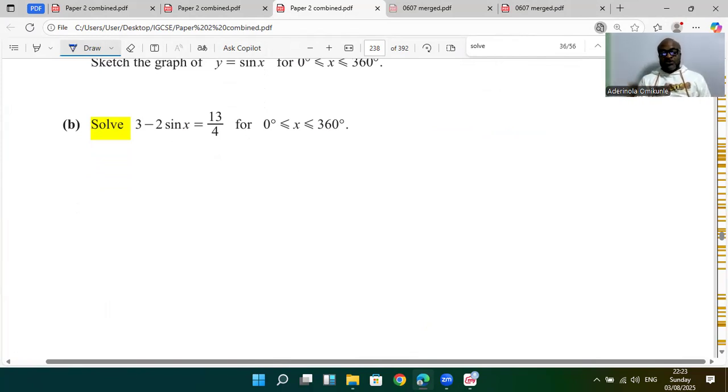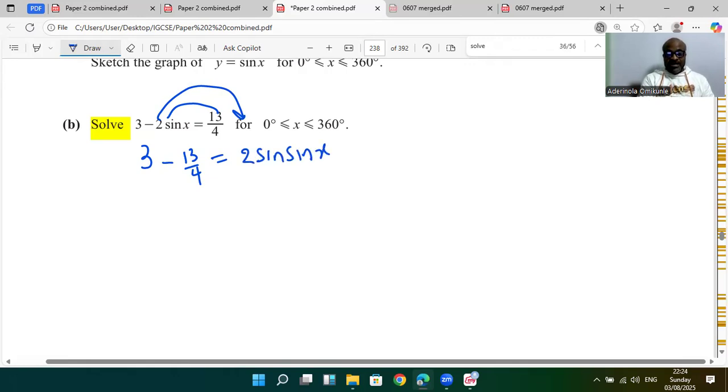Okay. So basically what I'll do is I'll say 3. I'm just going to collect like terms, move 13 over 4 here. 3 minus 13 over 4 is equal to, and then I move this here, so it becomes plus, is equal to 2 sine x. So I just took 2 steps at the same time. Okay, 2 sine x.